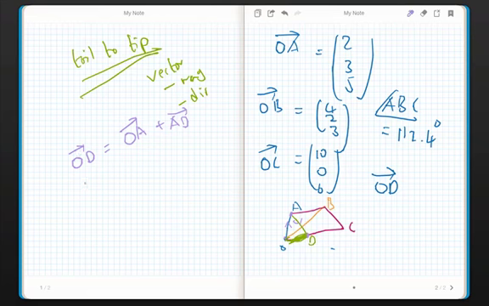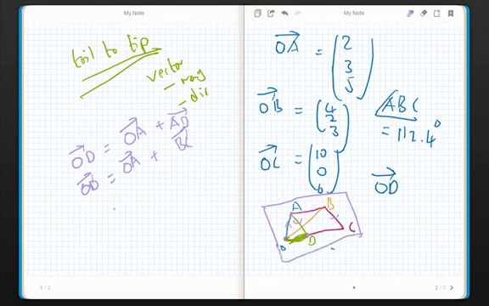Now let's solve this. We know that OD is equal to OA plus BC. How do we get this? We already know that this is a parallelogram. Over here, this is a parallelogram.